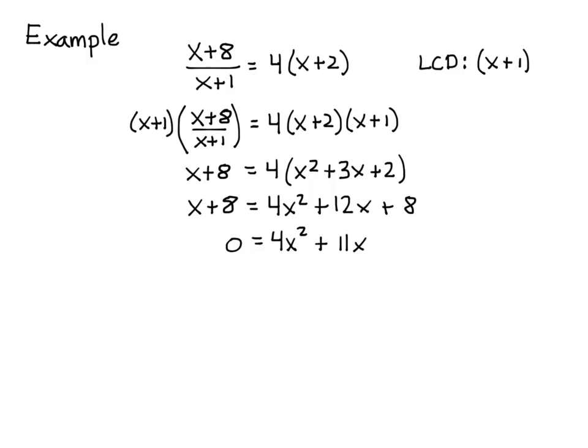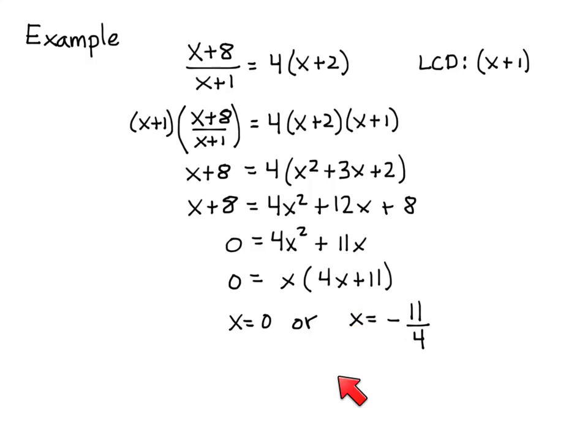This is what I mean by solving by the zero product principle. We know that this factors now. It factors into x times 4x plus 11. So we have two possible solutions: x equals 0 or x equals negative 11 over 4, because that's what makes either of these two factors 0. And so, indeed, we have two solutions here.